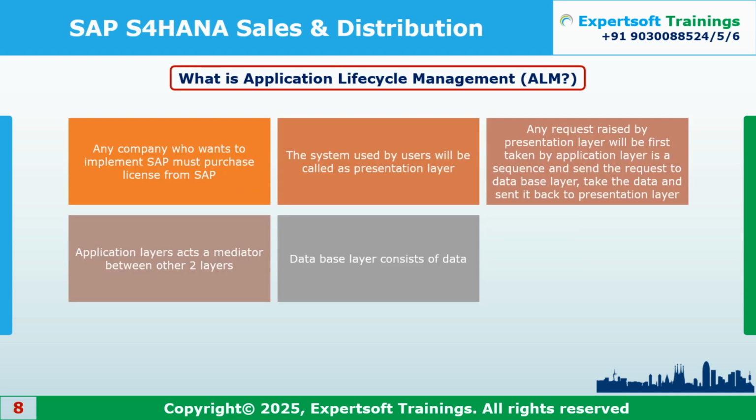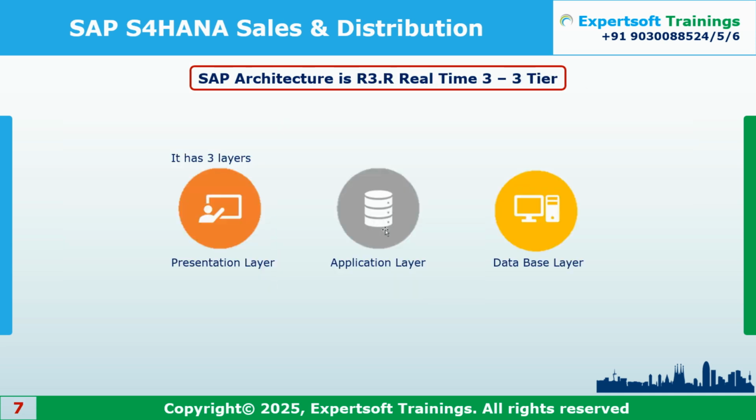So, sir, I have a question here. Can you go to the previous slide? This is pretty much the layering structure for not only SAP. If you take any Java project, these are the layers: presentation, application, and database.